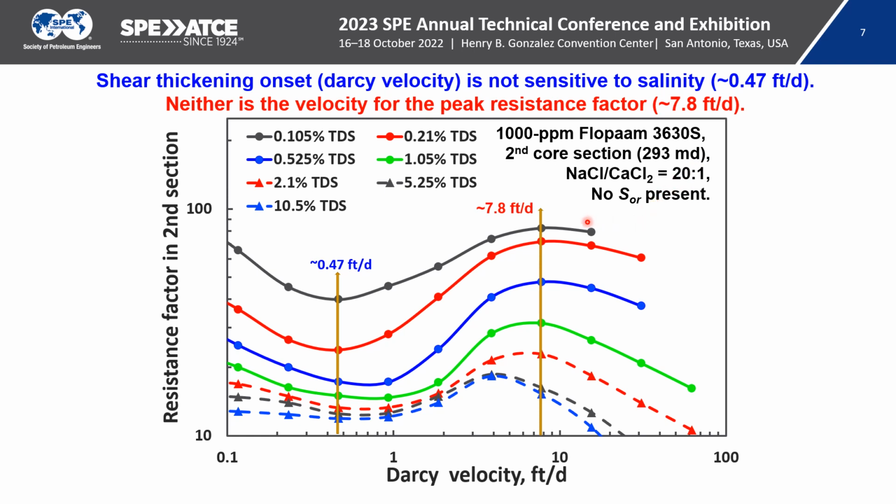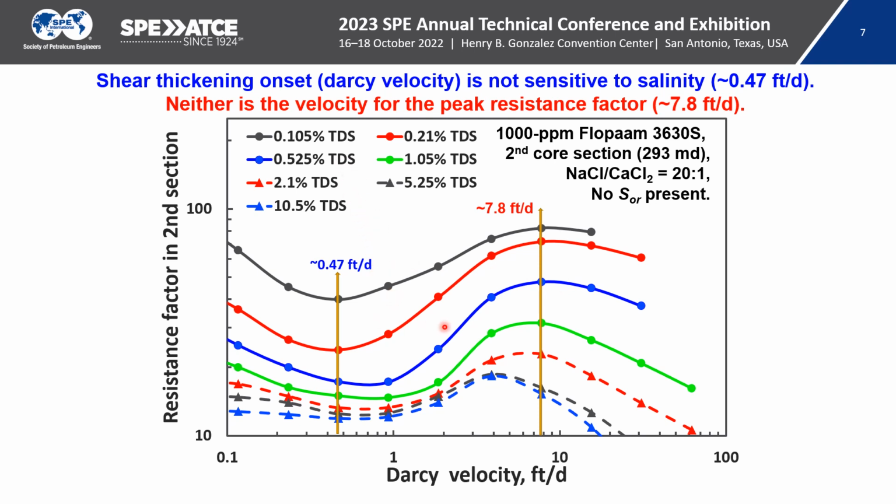But we are going to look over a very wide range of salinity, ranging from a low of 0.105% total dissolved solids all the way up to 100 times that value at 10.5% total dissolved solids. And for all of these cases, the ratio of sodium chloride to calcium chloride was fixed at a value of 20:1.